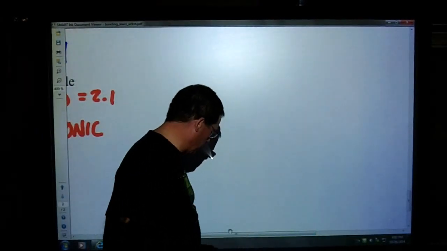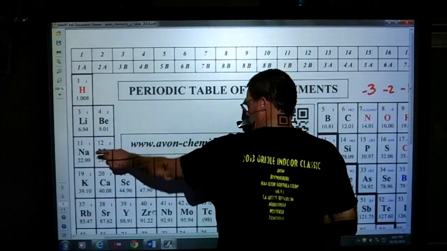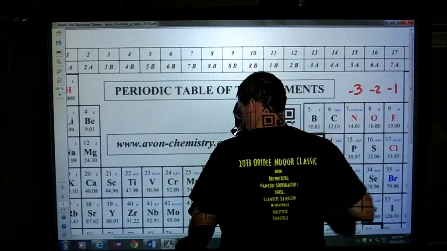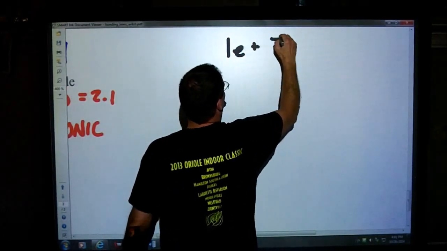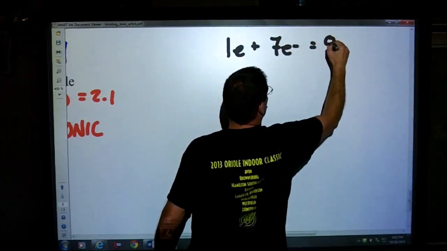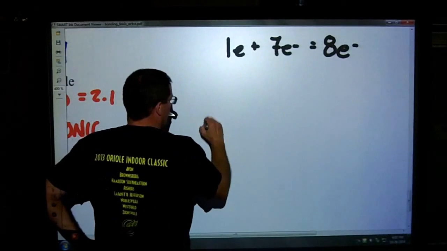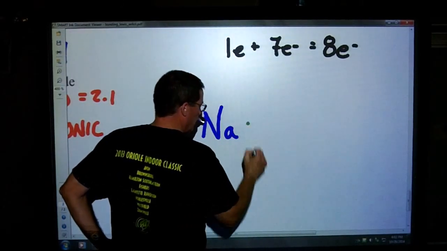So let's find out how many electrons we bring. Sodium brings 1 electron, chlorine, which is over here, brings 7 electrons. So we have a total of 8 electrons. Again, sodium, if you want to represent it with its 1 electron, that's fine.